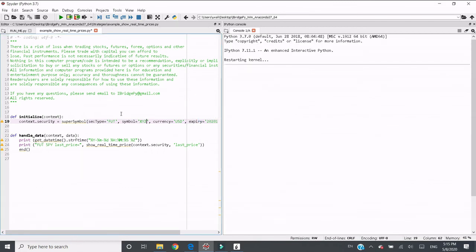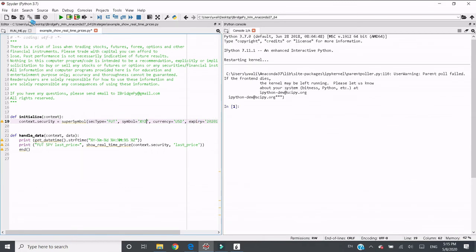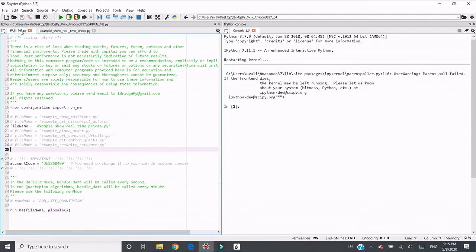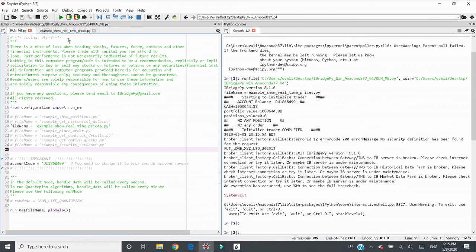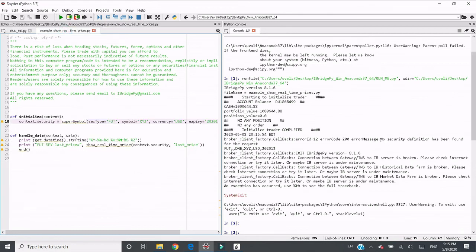XYZ is not a real future contract. This time, the error message is no security definition has been found for this request. So it tells you symbol XYZ future is not a valid contract.